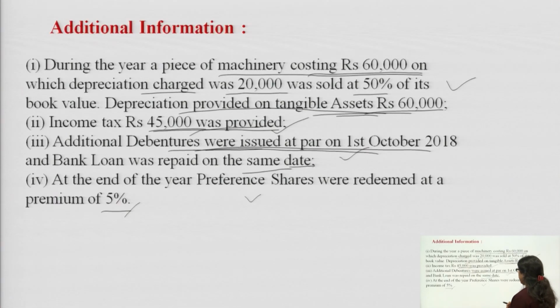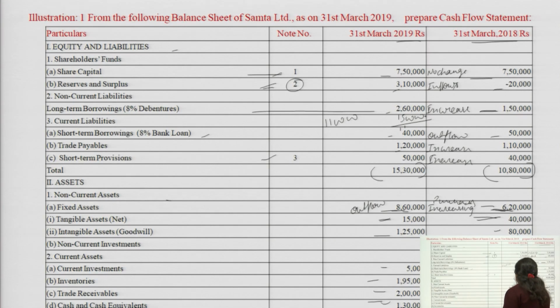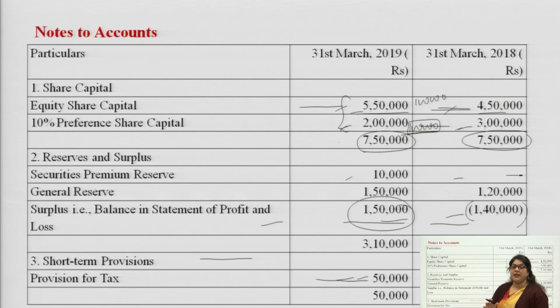See, 130 and 25,000 is given here as cash and cash equivalent. You need to check whether your cash balance is equal or not. If the closing balance you get at the end of the question is correct, that means your question is complete and you have transferred all the inflows and outflows correctly.